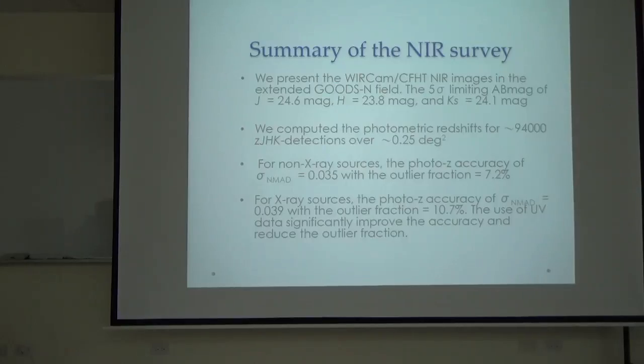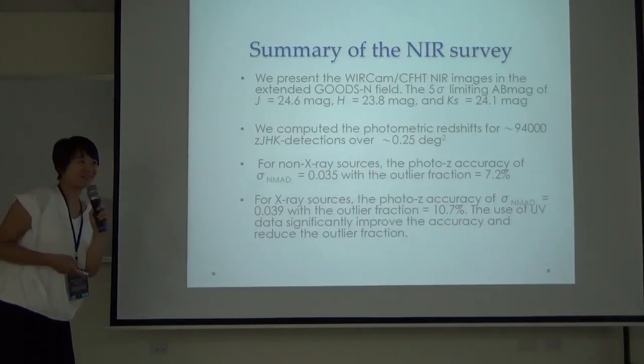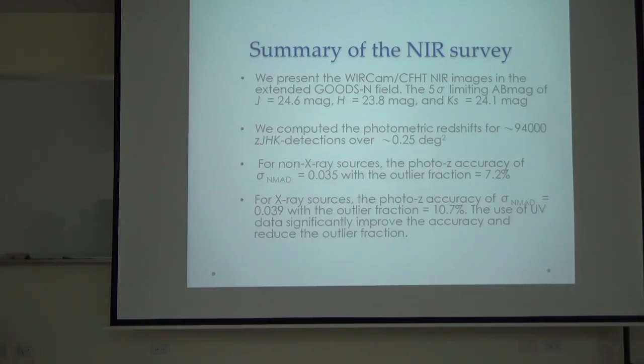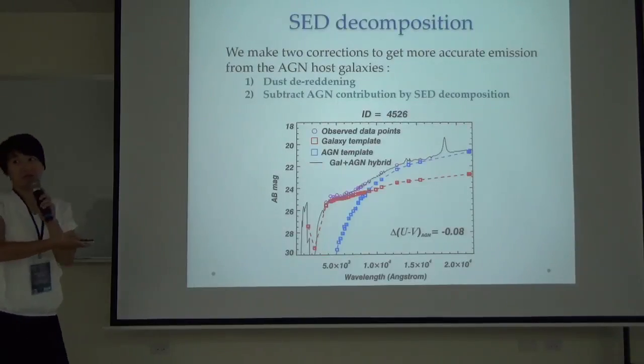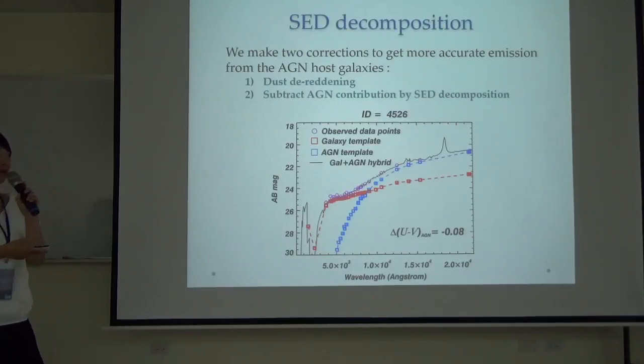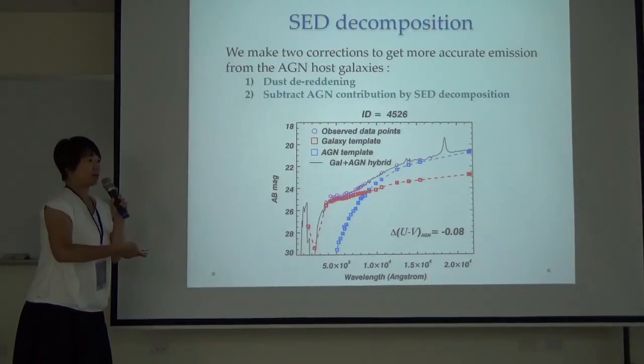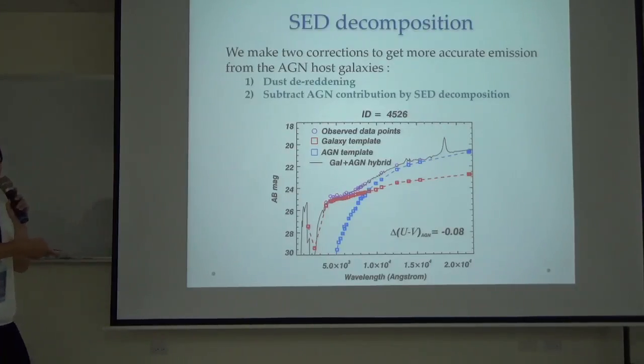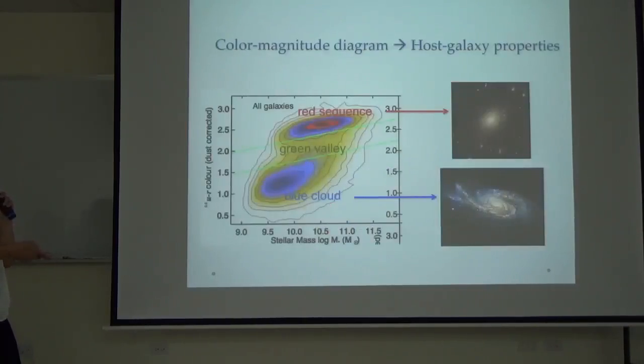How much time do I have? Two minutes? One minute? Okay, I'll quickly talk about the science I can do based on this SED fitting. Since I use the AGN-galaxy hybrid, I can remove the AGN contribution from the SED fitting so that I can get the host galaxy properties.